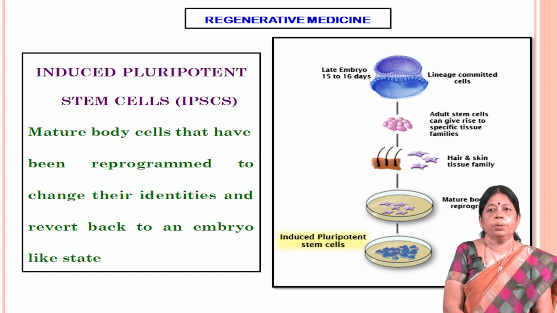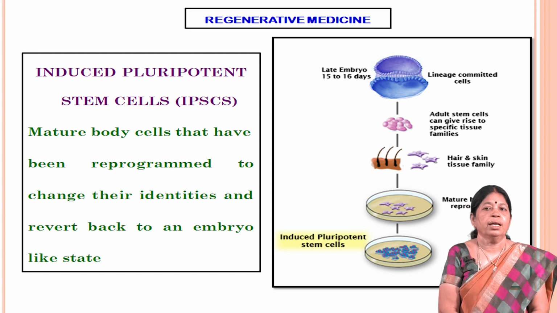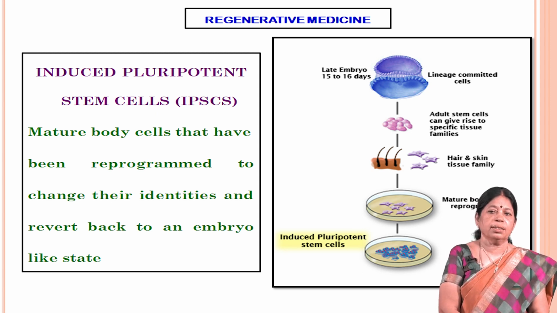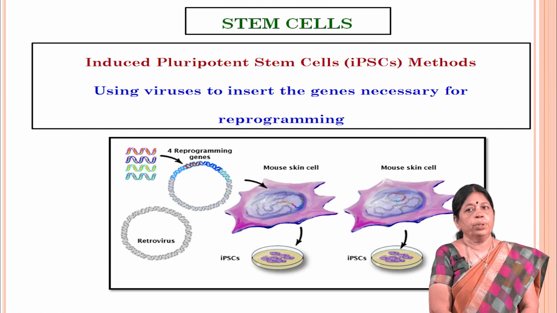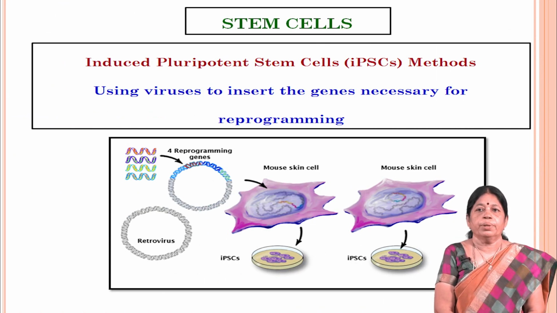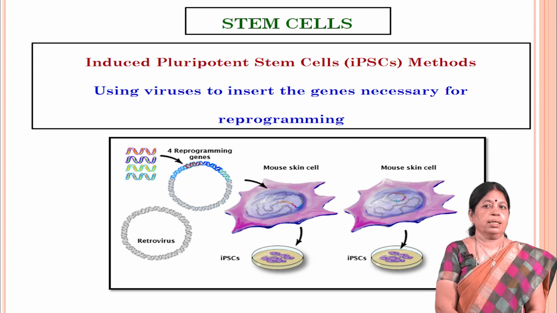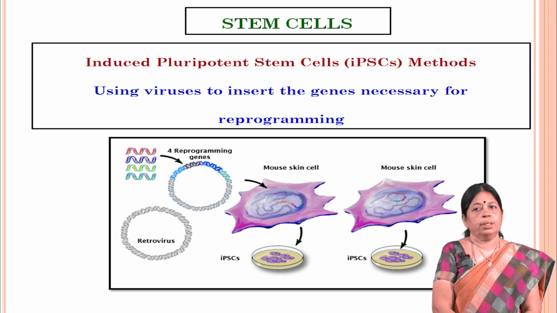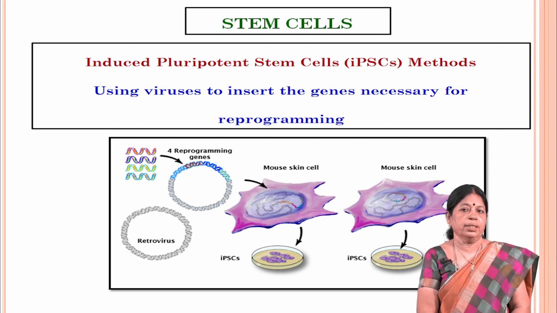The mature body cells are reprogrammed; we are reversing the activity of the stem cells. The method uses a virus to insert the genes necessary for reprogramming. Reprogramming can be done only in the presence of the genes.